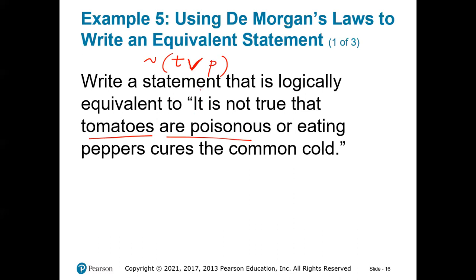So it says, write this down another way. Well, using De Morgan's law, this is equivalent to the negation of T and the negation of B. It's the same thing as saying tomatoes are not poisonous and peppers do not cure the common cold.